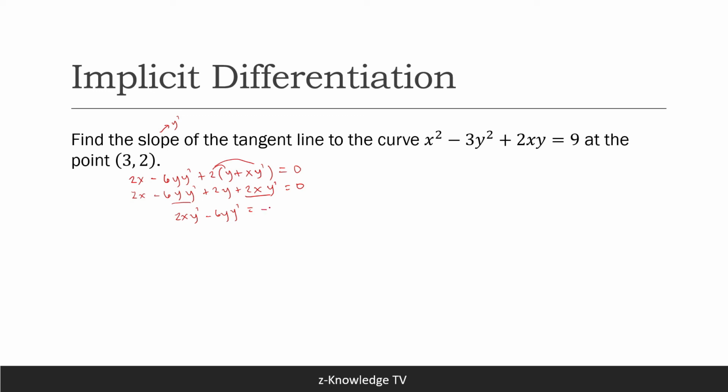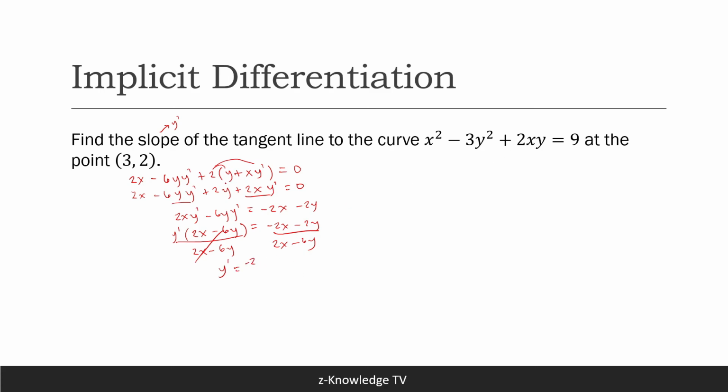So, magiging minus 2x minus 2y. Okay, then factor out natin si y prime. So, magiging y prime times 2x minus 6y is equal to negative 2x minus 2y. So, divide both sides by 2x minus 6y, para makancel to at may 1 nag-iisa yung y prime. So, therefore, ang y prime natin is minus 2.